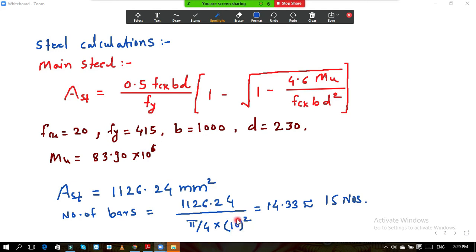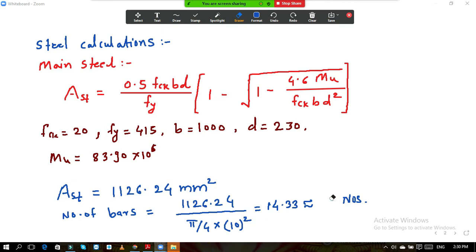Here when we consider 10 mm diameter bars, we are getting a huge number of bars, that is 15 bars per meter width. So this is quite big. So here you can also increase the diameter of the bar so that we can reduce the number of bars. Okay. So we will do it in that way.